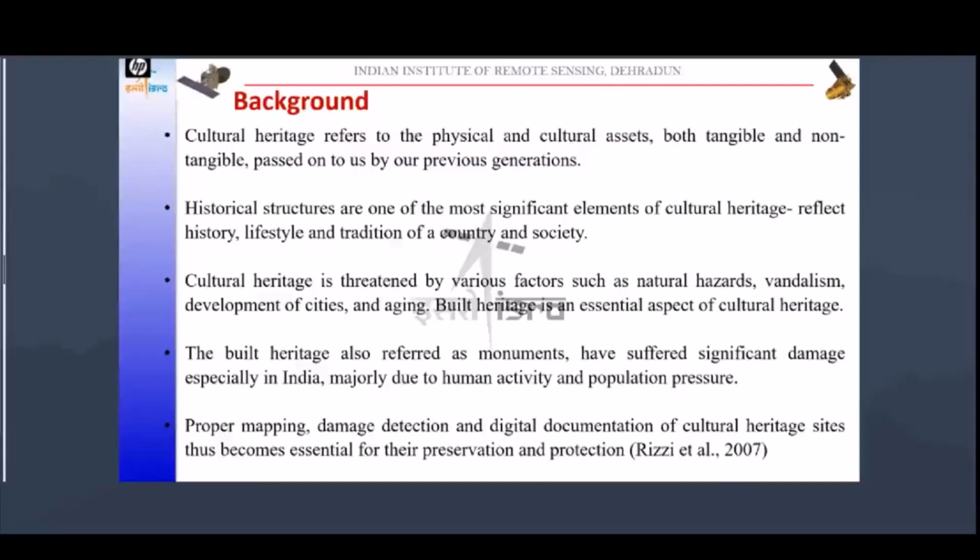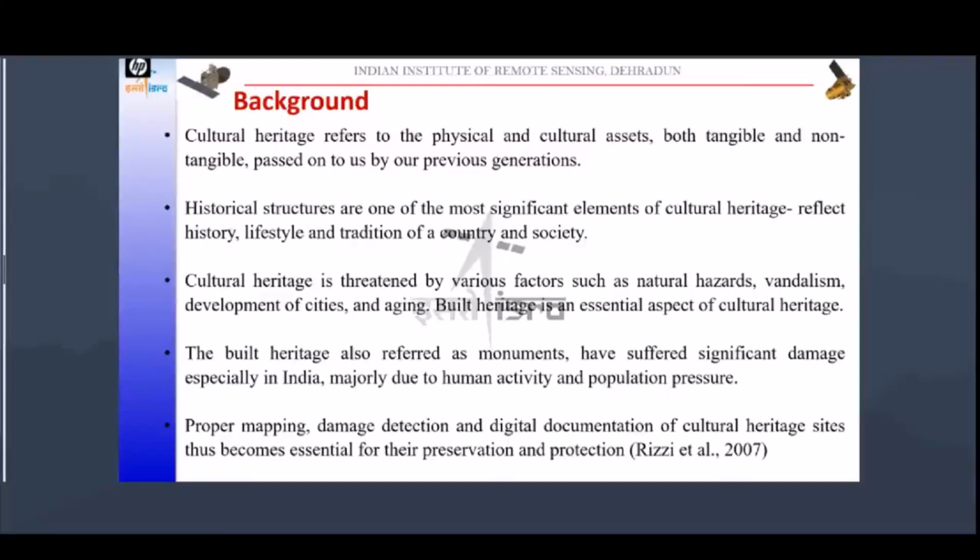The built heritage refers to structures like monuments. So these have suffered significant damage, and especially in a country like India, which has such diversity and so many conditions prevailing, that it is majorly our large population also. So here it is majorly due to human activity and population pressure.